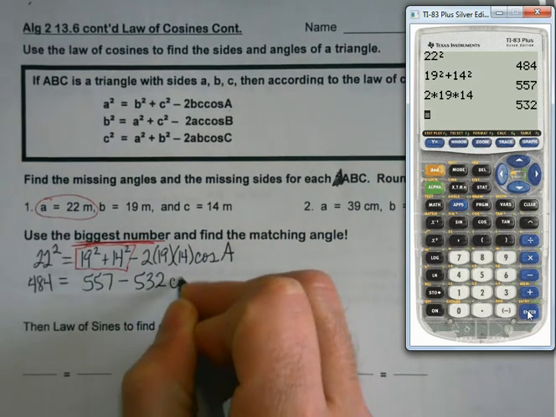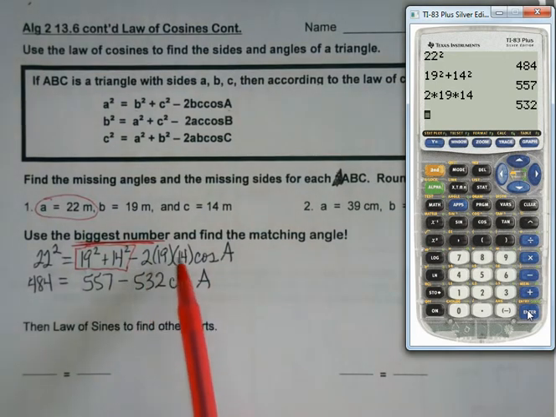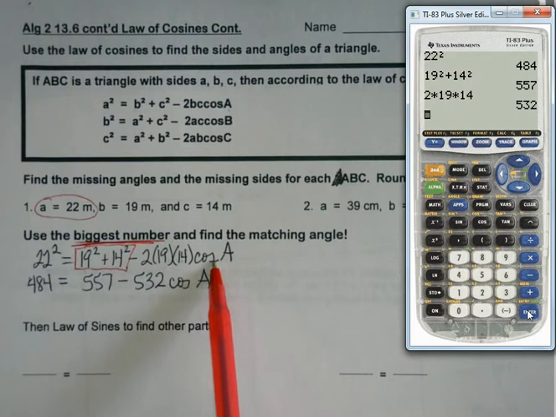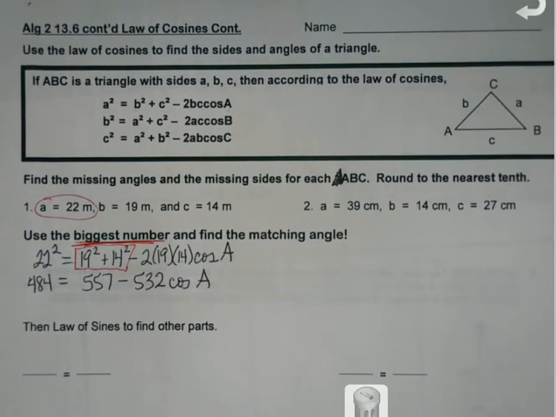So some of you may be saying, well, why didn't you just type in all of this stuff, and then you just put it in front of cosine A and you go on about your life? Here's why. This product, this 2 times 19 times 14, is just strictly going with cosine. I like looking at it sort of like you'd look at it if you were solving an equation and you were treating the cosine of A like it was x.